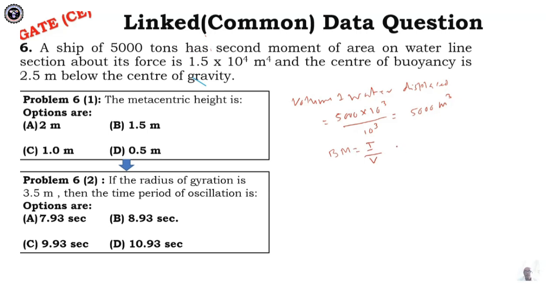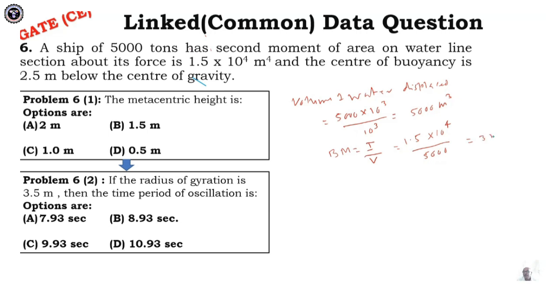So moment of inertia is given here 1.5 into 10 raised to 4 upon volume displaced, which is 5,000. So that is equal to 3 meter.